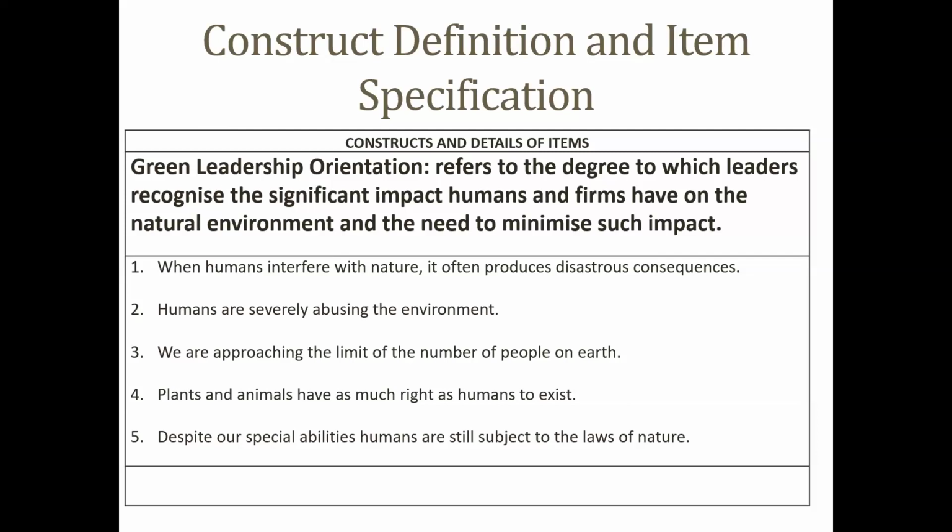And the fourth statement says plants and animals have as much right as humans to exist. If I consent to this statement, then it goes a long way to indicate how green I am oriented, because I tend to put equal value on the lives of plants and animals and other things around us as humans.